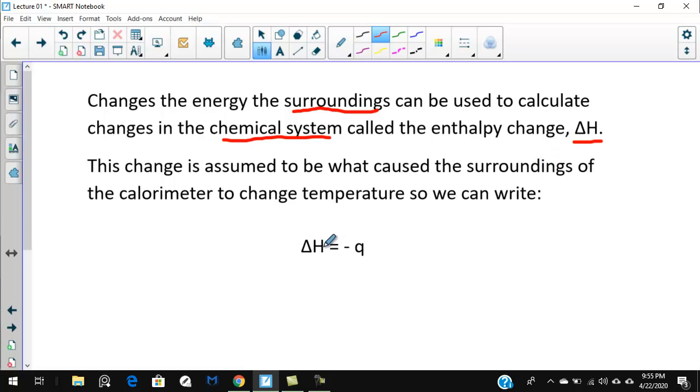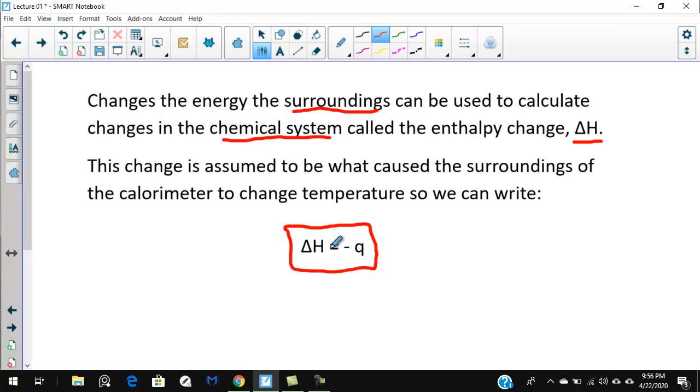So we can write this. We can say that the change in energy, or the enthalpy change for the reaction, that's the NaOH dissolving, the energy involved with that is equal to whatever the value of the water's energy that it absorbed was, but change its sign.